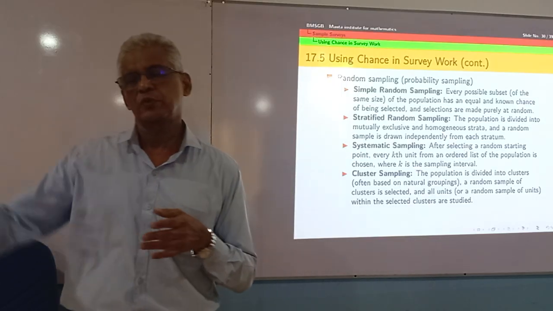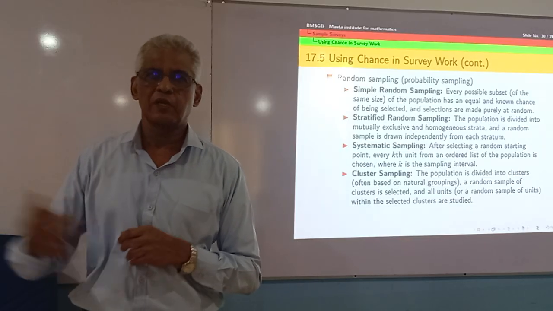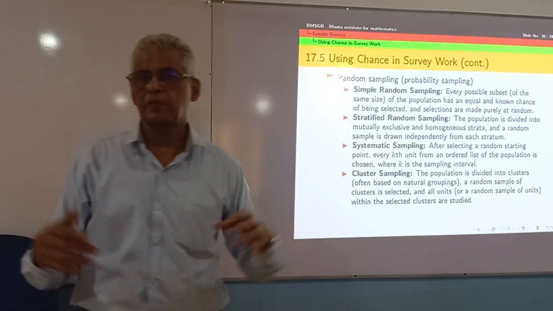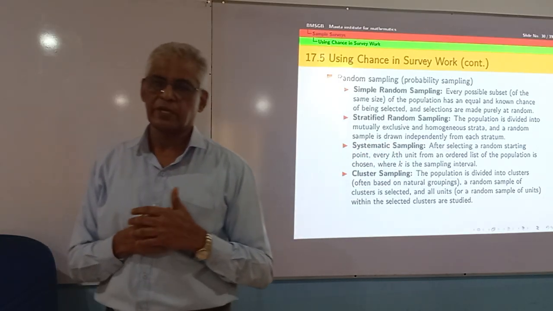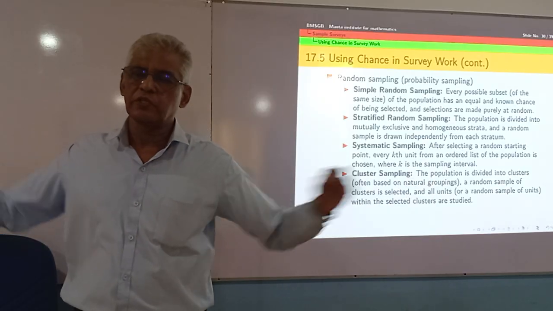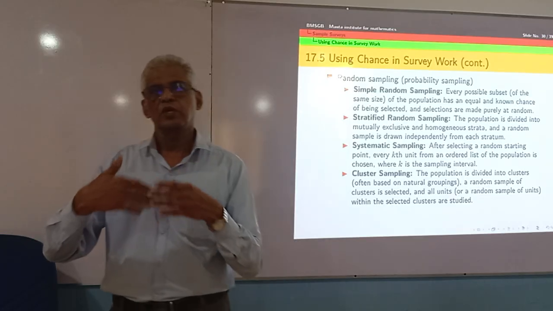For example, say you select 50 people out of 1,000 people. Suppose in the population of 1,000 people, there are 52% female and 48% males. You feed the list of all these 1,000 people to a computer and ask it to give you 50 people.